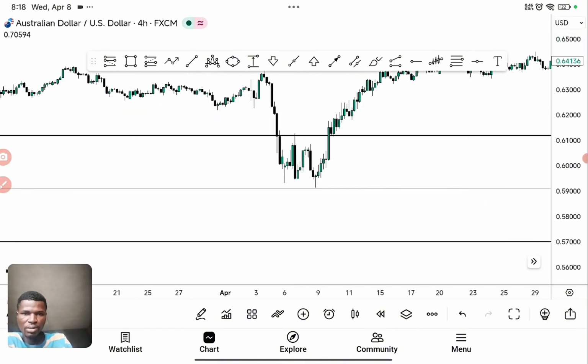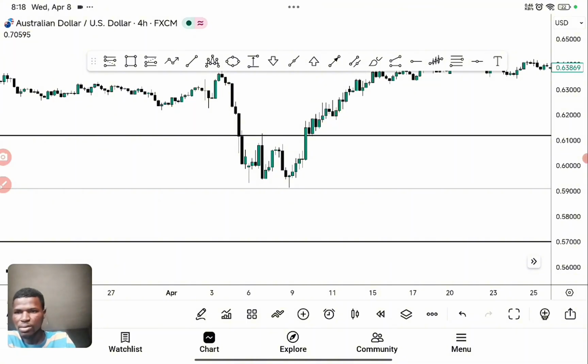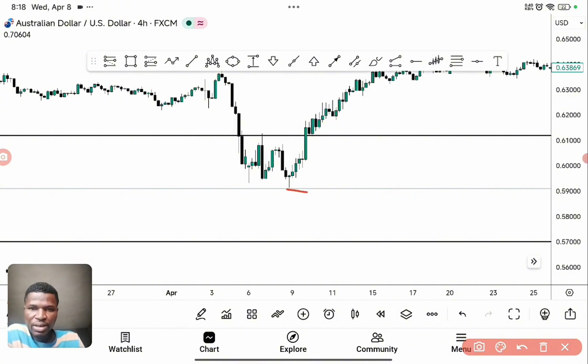You see, this is a hammer. You can see this is a hammer. Immediately it appears here, the market reverses and starts moving up.